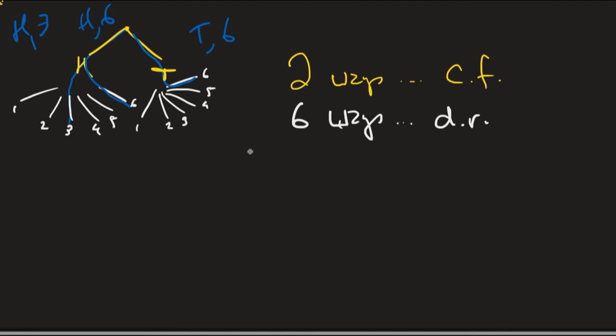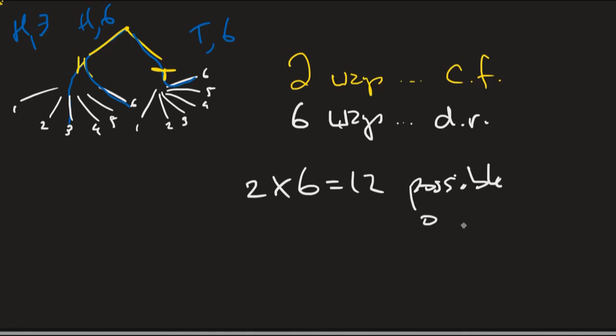Then there's 2 times 6 equals 12 possible outcomes. So hopefully you can see how the tree diagram relates to the multiplication principle.